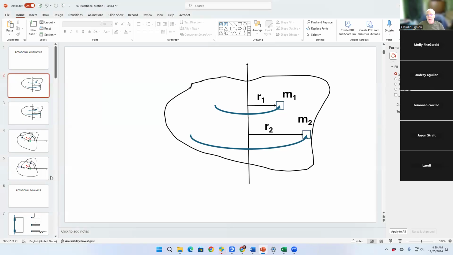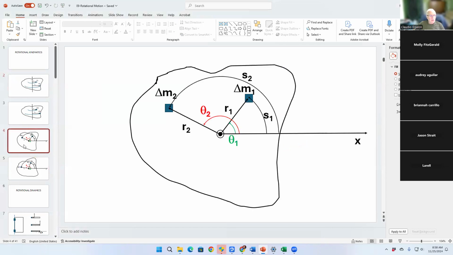Looking from the top, the palm of the hand rotates in the counterclockwise direction. The direction of the angular velocity vector is towards you, coming out of the plane of my screen.